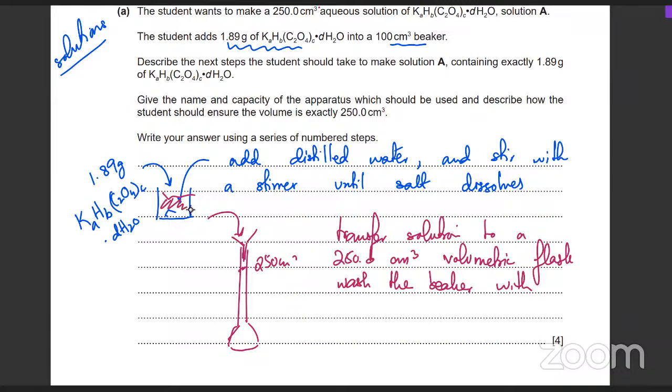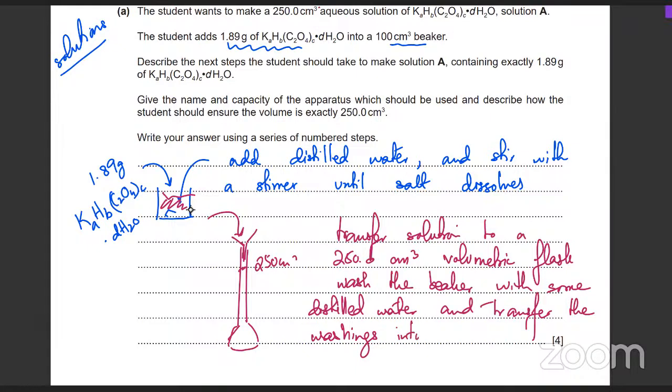Wash the beaker with some distilled water and transfer the washing into the volumetric flask. So basically you've cleaned the beaker and thrown everything into the volumetric flask.